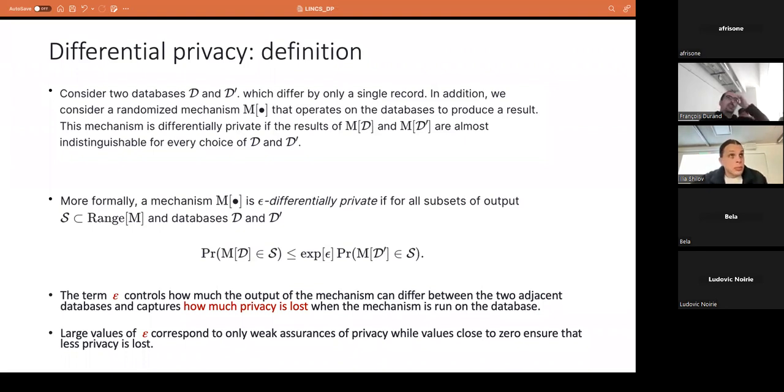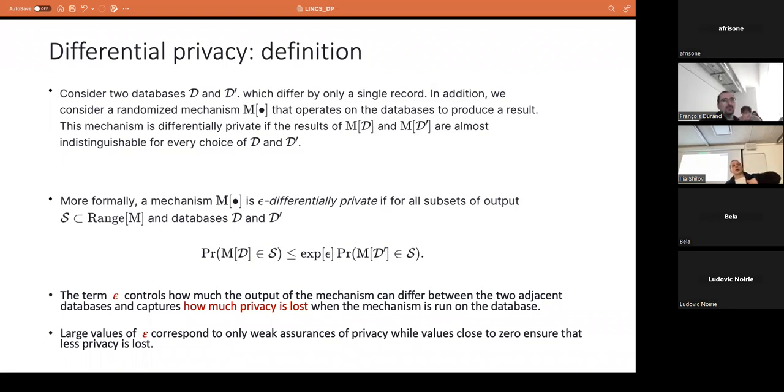So in practice, what you will record on your servers is the result of operation M instead of the source data D. That's a good question, because in practice there are basically two main ways to implement differential privacy: centralized and local.